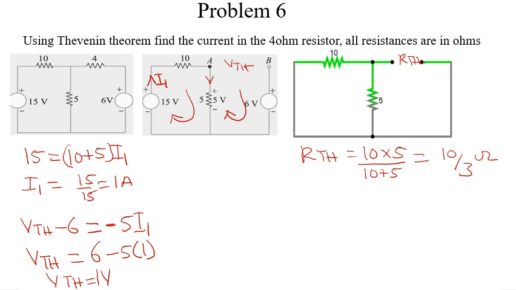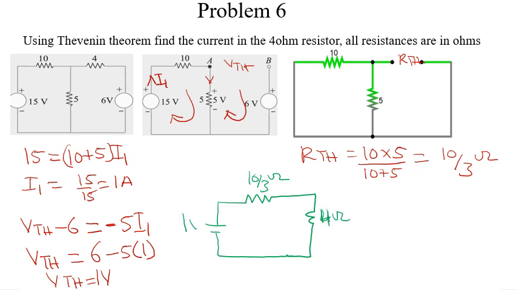Then we simply draw our Thevenin equivalent circuit, because we now have our VTH, we have our RTH, and we have our load resistor. So here is 10 over 3 ohms, and here is 4 ohms. It was 4 ohms, and our voltage was 1 volt.